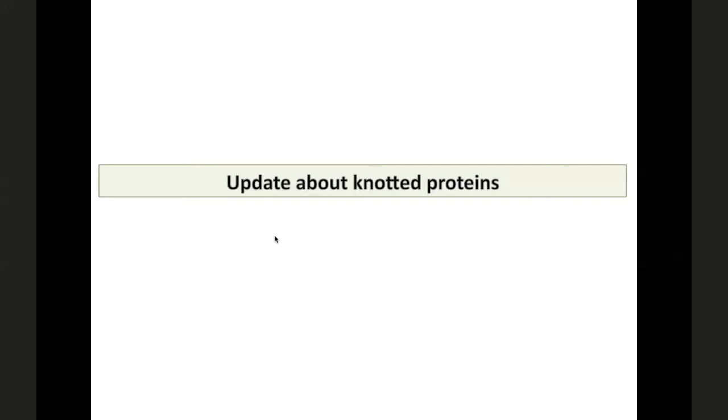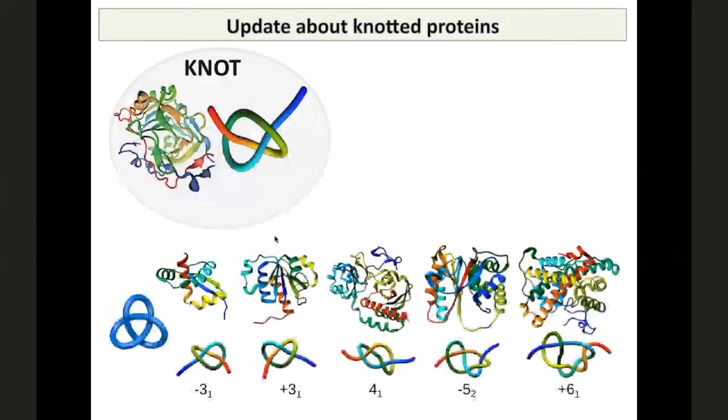So then maybe I can go with the update about the knotted protein. Today we know that the majority of knotted proteins possess a trefoil knot. We have two different types of trefoil knot, left-handed and right-handed.